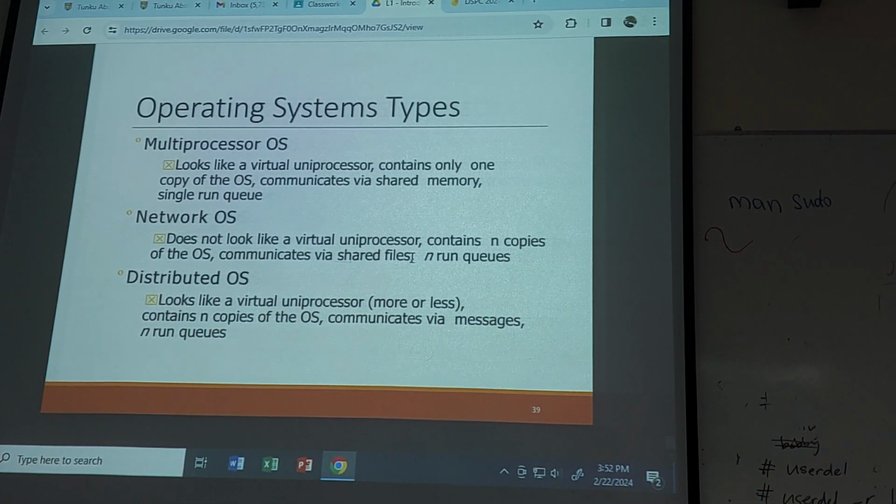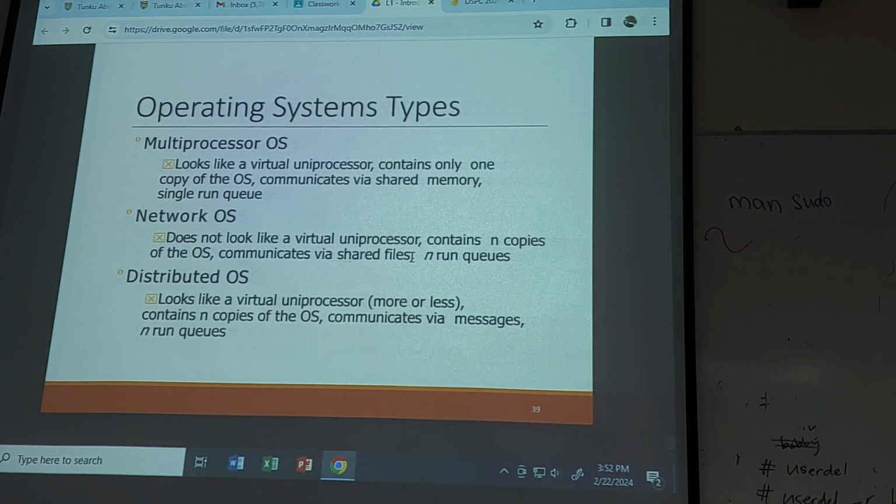These are the different types of operating systems that we see: multiprocessor OS, network OS, and the distributed OS that we talked about just now. The multiprocessor OS looks like a virtual uniprocessor. It contains only one copy of the OS and communicates via shared memory.